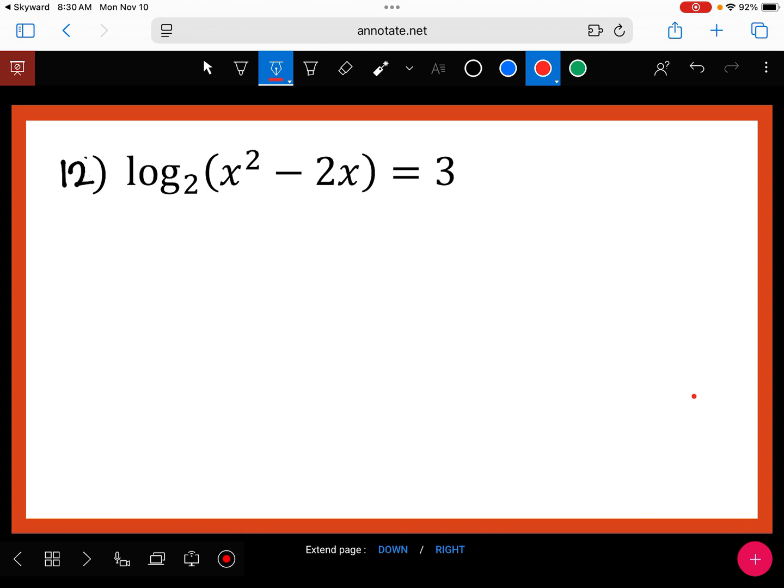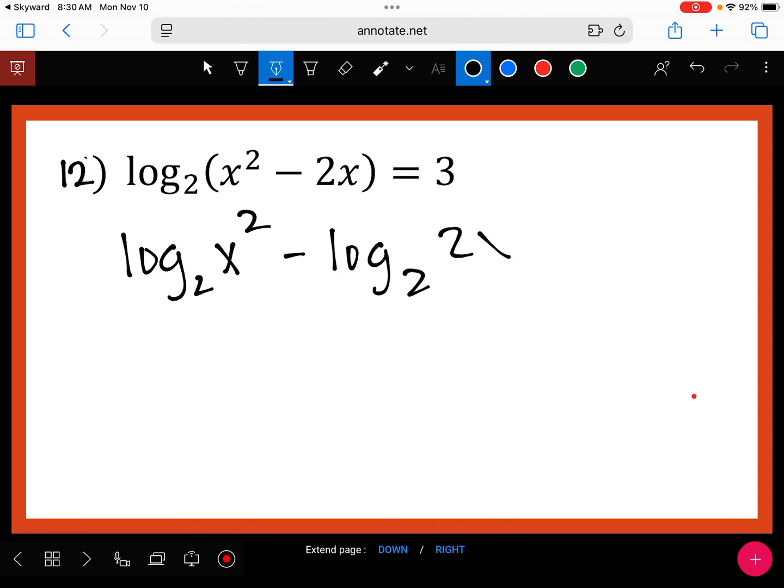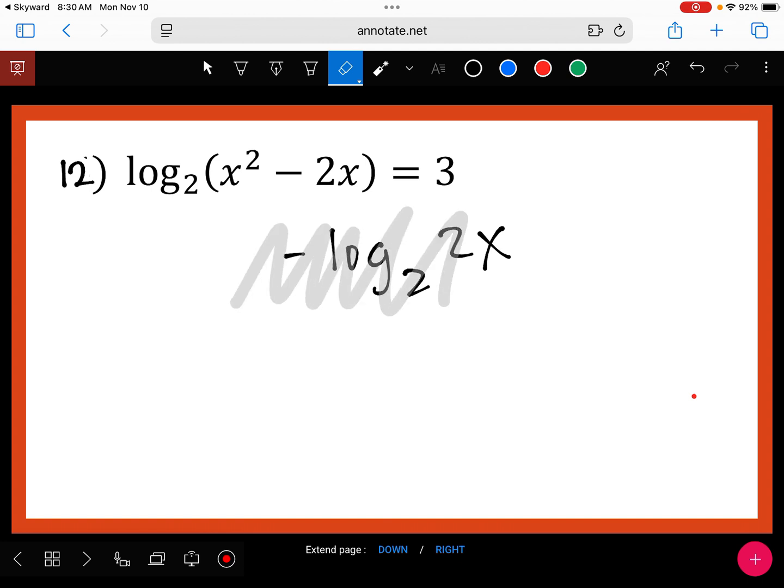So whenever there's just one log, okay, there is a subtraction sign, but that's not a property, because if it was log base 2 x squared minus the log base 2 of 2x, that's a property. Where you see a log with two different terms, this is not a property. This is just a log on one side that we need to do a rewrite.